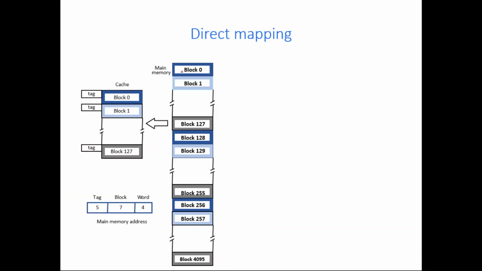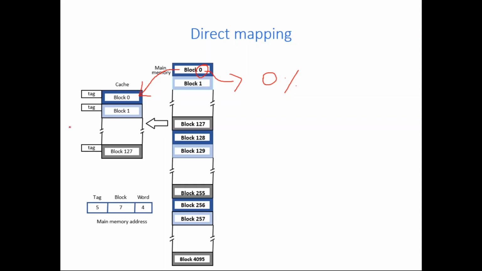Whenever it wants to map any memory block from main memory to cache memory, it takes the block number of the main memory and performs modulo division with the total number of blocks, that is, the maximum blocks available in the cache memory.